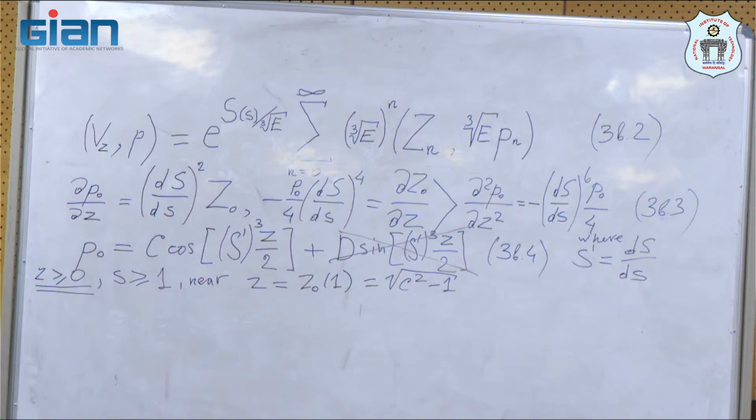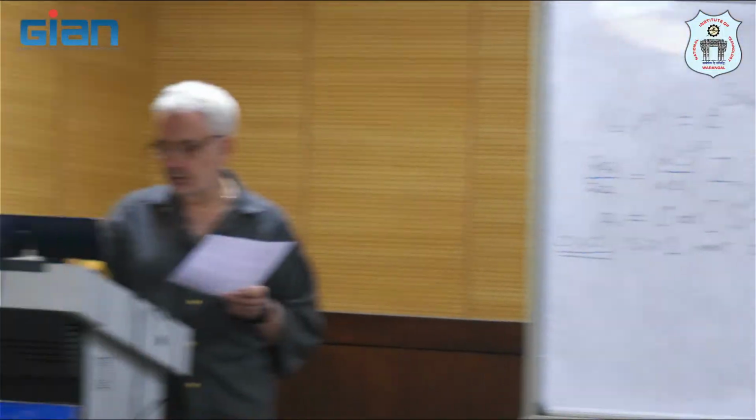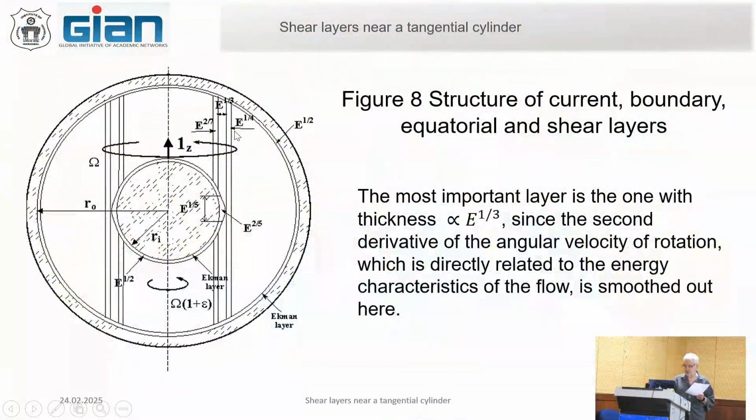So as I already told you, let's again go to the picture for better understanding. We consider now this layer, and this intermediate layer should definitely be thinner than any shear layer. So accordingly, we must consider the condition on the flow immediately upon exiting the outer Ekman layer.